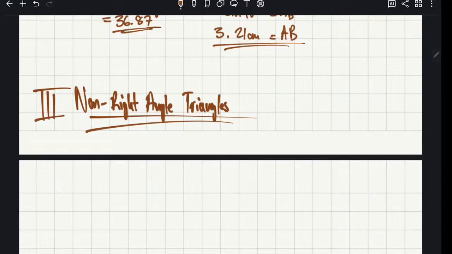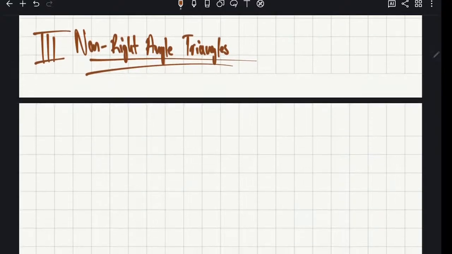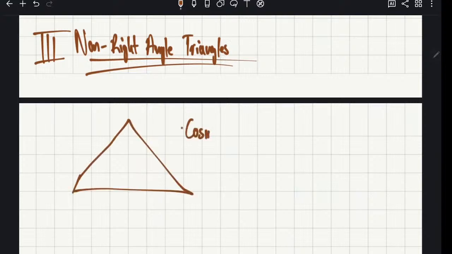Right. For this one, just do me this favor. Write the cosine rule, which I taught you yesterday. The two situations. If this is A and this is B, the cosine rule says this.